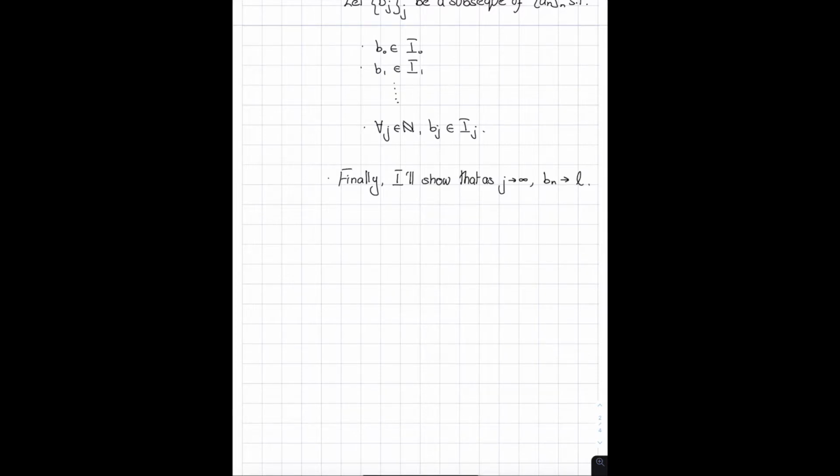Now, there are several different ways to do this. You can write out the rigorous definition of what it means for a sequence to converge and then prove it rigorously. I'm not going to do that. I'm just going to give you a basic idea about how the proof is going to go. It's generally sufficient.